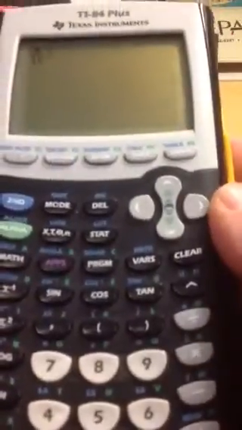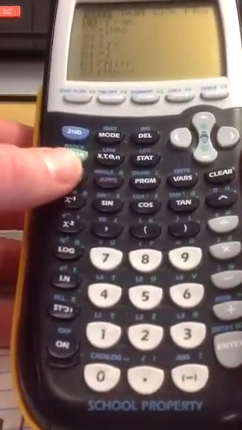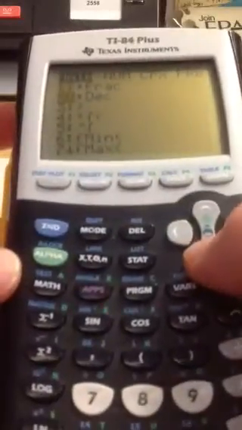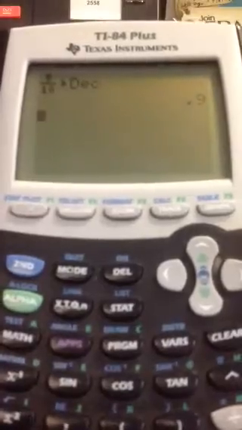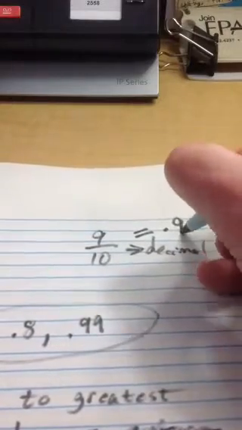All right, scroll to the right, hit math, go down to number 2, which is convert to a decimal, math number 2, enter, enter, and it gives us 0.9. So the decimal form of 9/10 is 0.9.